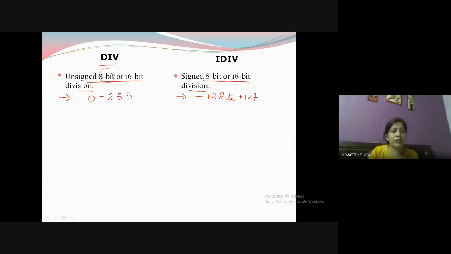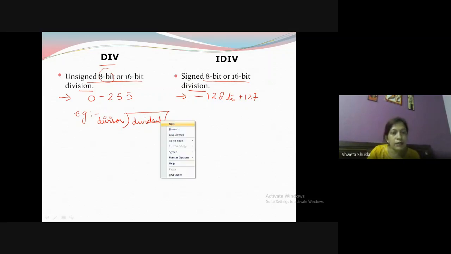Now in the case of division, always remember, for both cases, let me give you an example here. If we divide in this way, what is this? This is division, we all know that. This is the dividend.